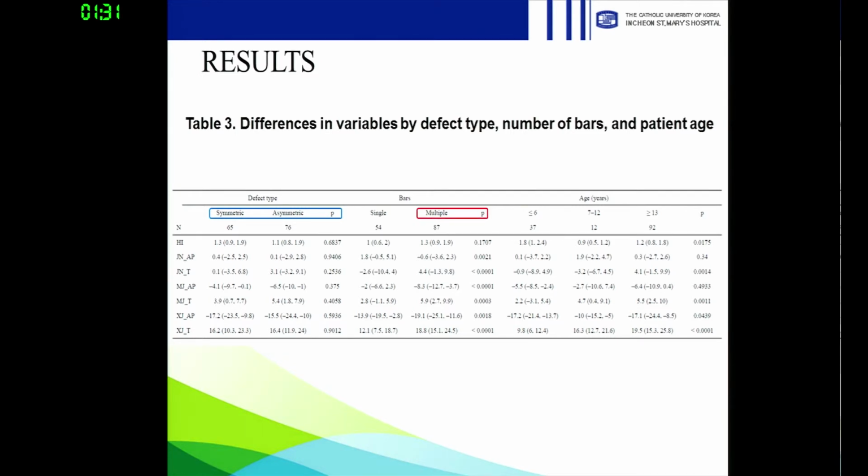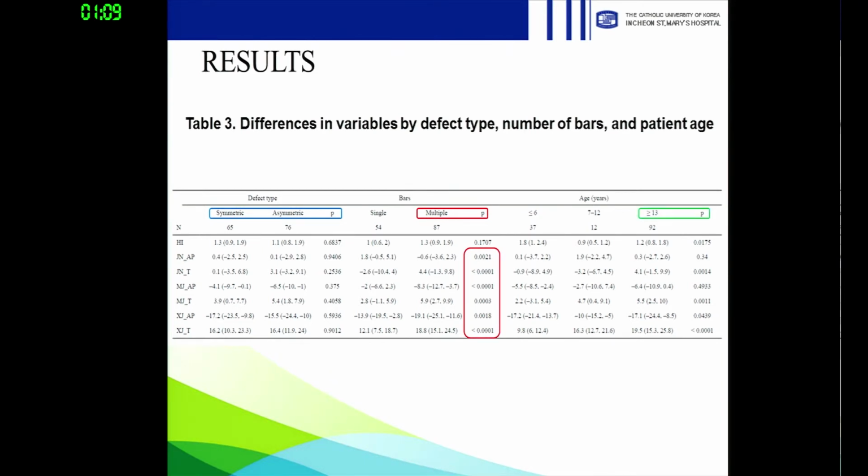In the multiple bar group, postoperative AP diameter at all three points increased significantly compared with preoperative value. Also, postoperative T diameter at all three points decreased significantly compared with preoperative value.